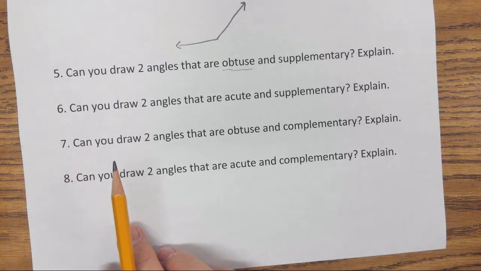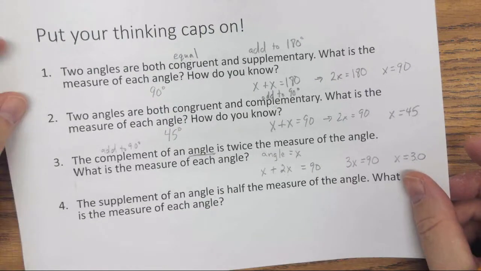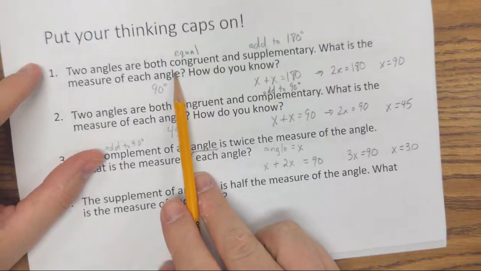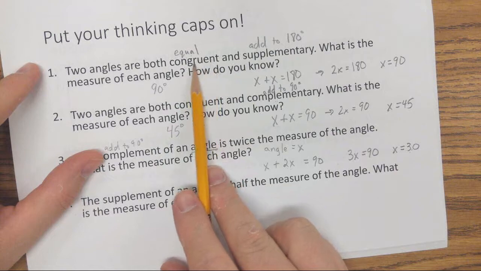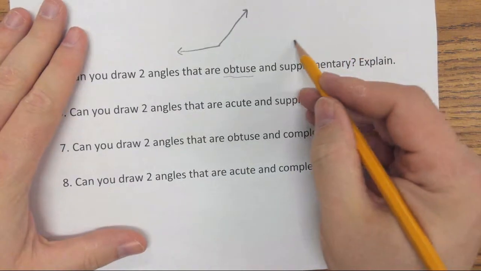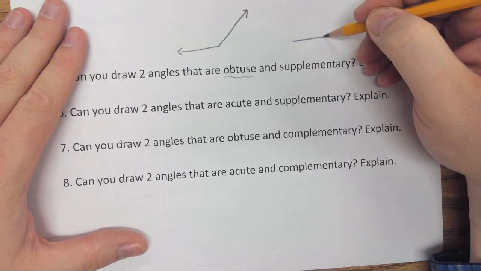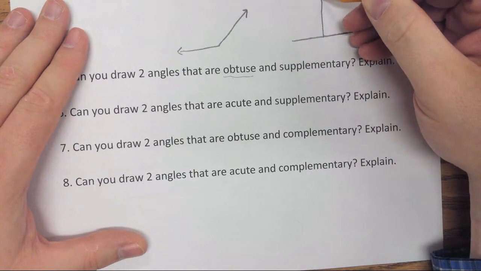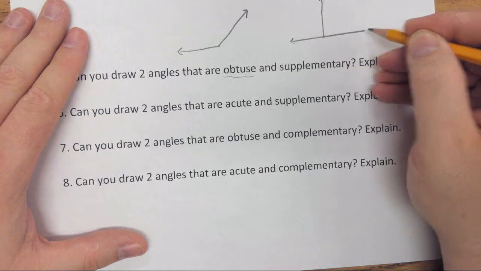Well, thinking back to what we talked about back here, if they're congruent or equal to one another, they're 90 degrees, that looks like this. Alright?